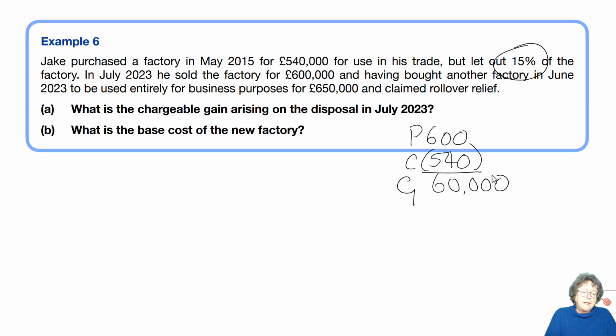Okay, now it says there he bought a new factory for 650,000 and claimed rollover relief. So while he actually invested all the proceeds, this is the problem that we have here. We're only entitled to a percentage of rollover relief.